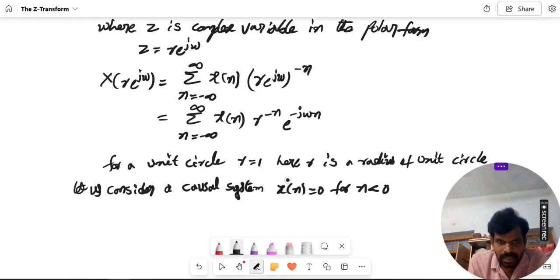So after considering a causal system, we can write the entire expression as X of e power j omega equals the summation from n equals 0 to infinity.